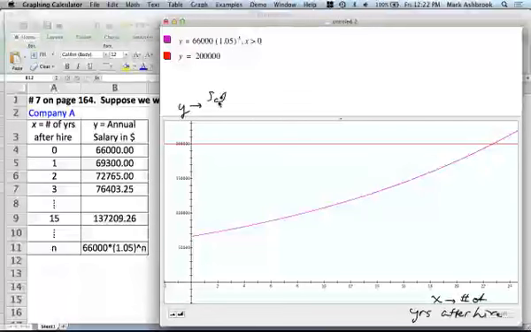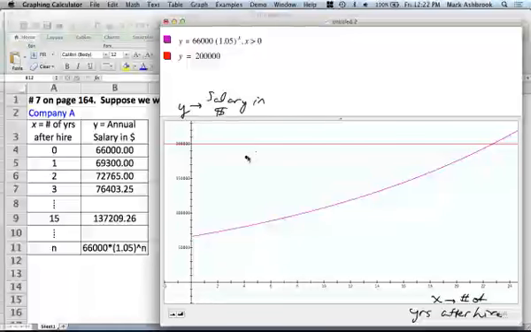Salary in dollars. Annual salary in dollars. So before you analyze and start going for numbers, really make sure that you're 100% clear what our two axes represent.